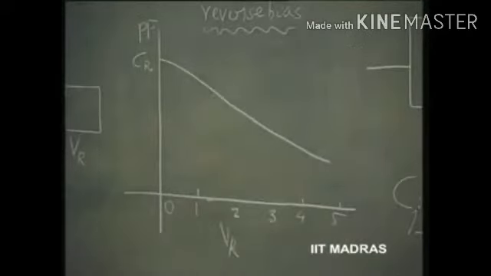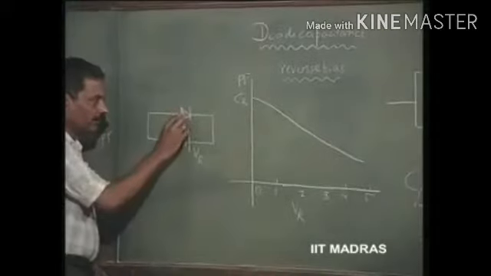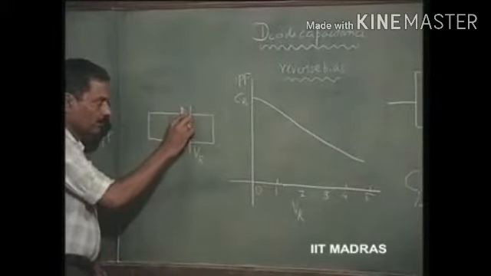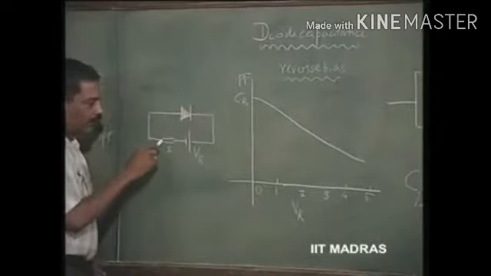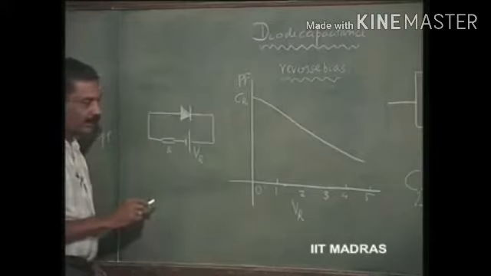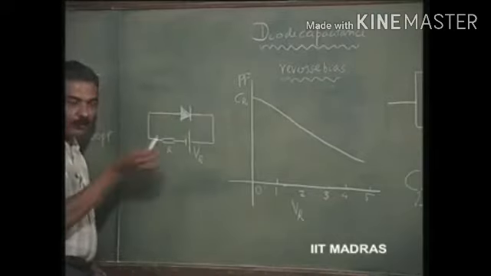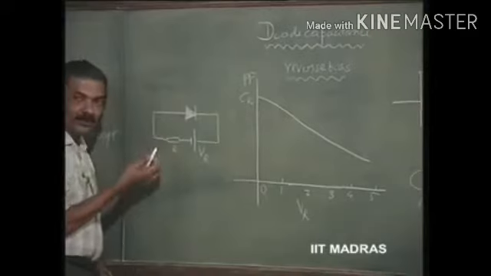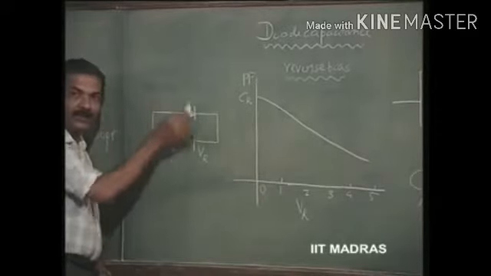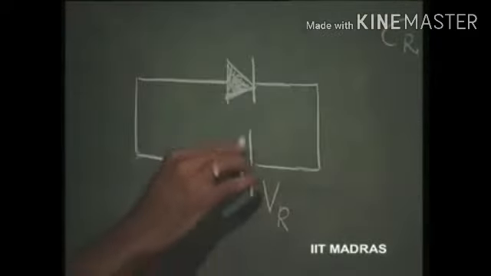I am now having the circuit here. This is our usual diode symbol, and I just put a resistance here saying that it is a network. This resistance is not going to matter now, because no current is going to flow through it, because it is reverse biased.